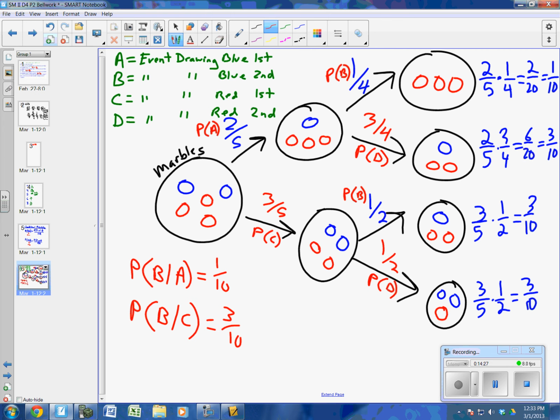Okay. Coulter, what do you think the probability of D given C is? And which one are you going to follow? The very bottom one, right? Here's the probability of D given that C happened, right? 3/10. Okay, D given A. What's the probability of D given A?